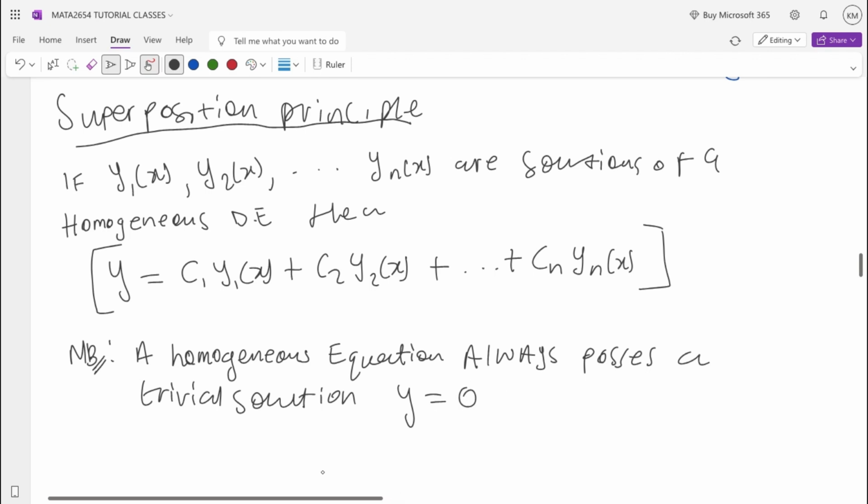So y equals 0 is always a solution to a homogeneous differential equation.